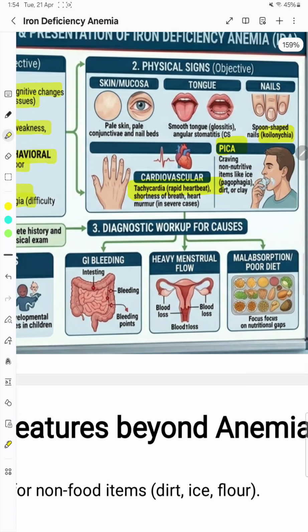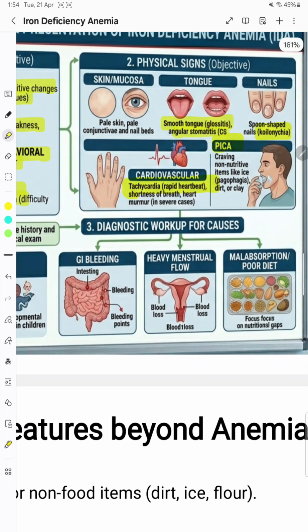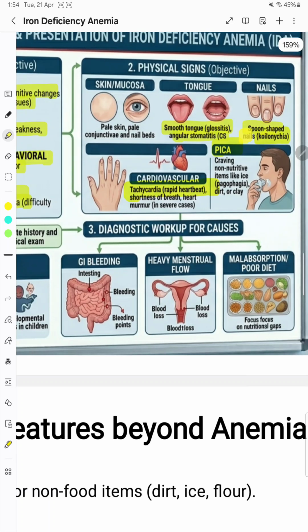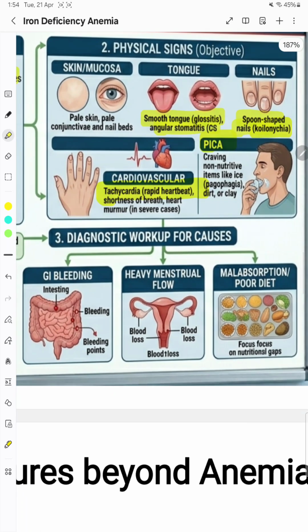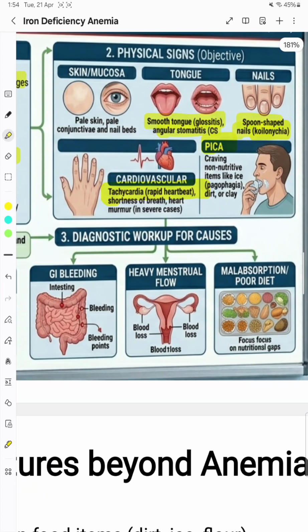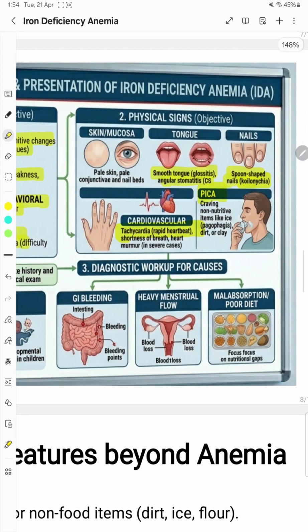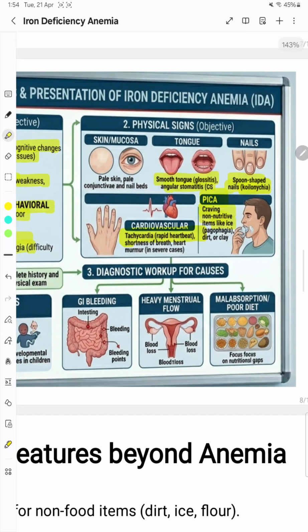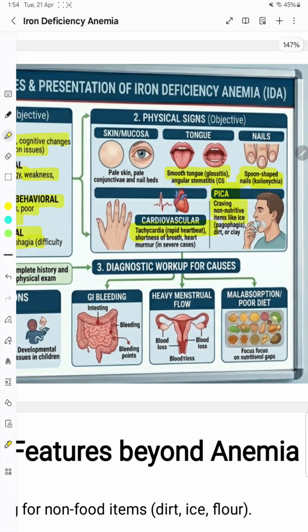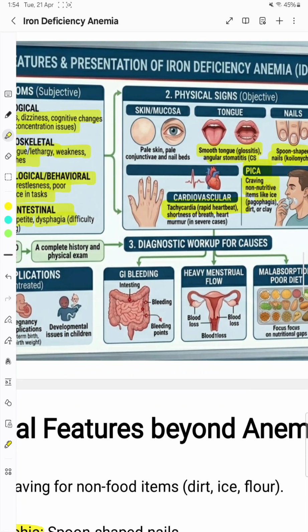On examination, there is pallor, glossitis or angular stomatitis can be seen, and a typical finding of spoon-shaped nails known as Koilonychia can also be seen in severe cases, and a feature of Pica, in which craving for non-nutritive items like ice, dirt and clay can be seen in cases of iron deficiency anemia.